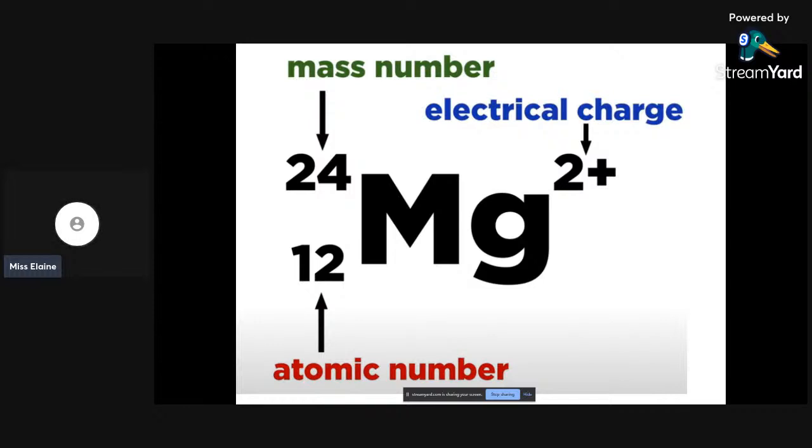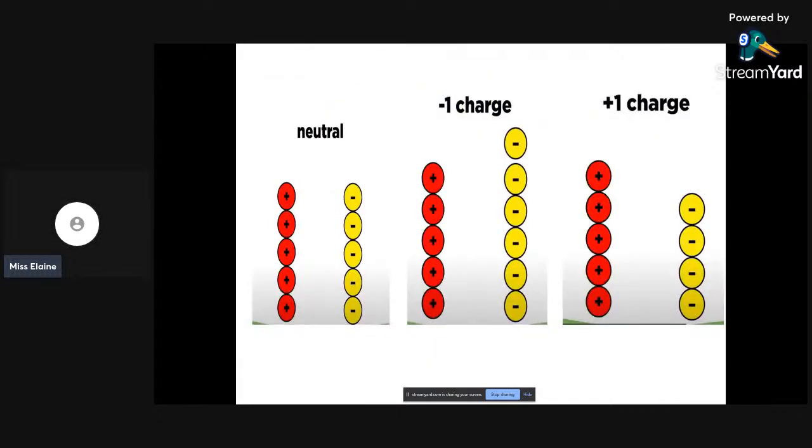Bakit kaya? Because some elements have the same protons and neutrons, so it means neutral sila. And some elements, mas madami si protons or mas madami si neutrons. So, it depends how many protons and neutrons meron ang isang element.